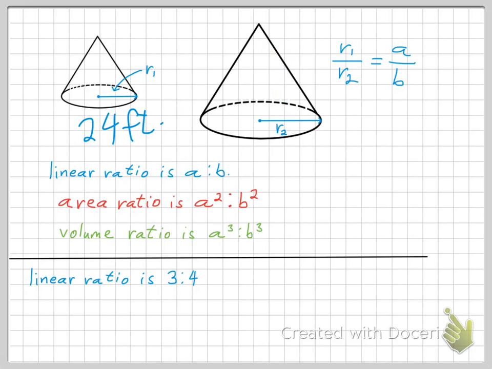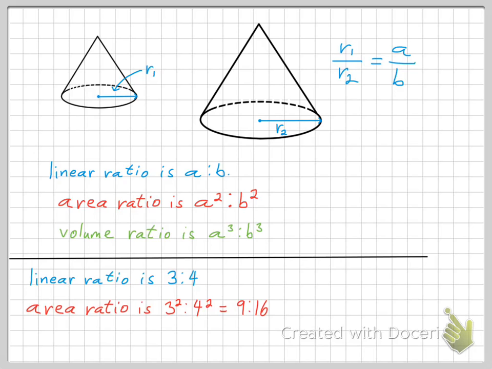If all I knew was the ratio of linear measurements, 3 to 4, but I want to know what the area is, I cannot use 3 to 4. I'd have to use 3 squared to 4 squared, or 9 to 16. I would have to use a ratio of 9 to 16.